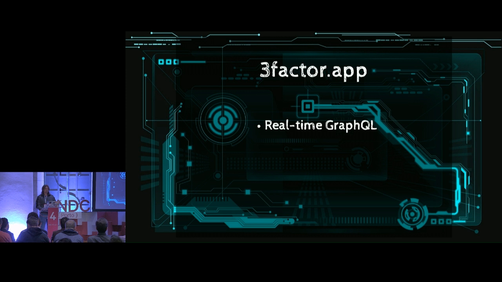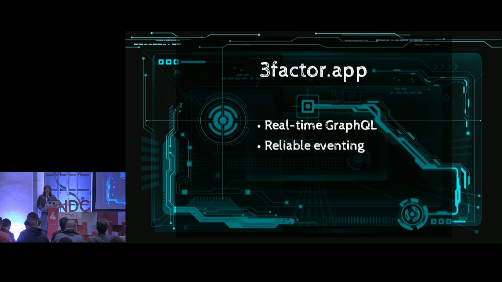Real-time GraphQL. We already understood the benefits of GraphQL, hopefully, and how clients can benefit from moving from REST API to something more real-time, where we call our endpoint once and get all the data that we need, giving all the querying capabilities to the client, the front end, instead of having lots of API endpoints and versioning them.